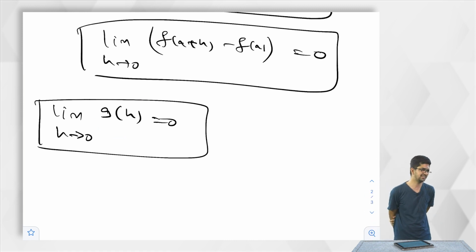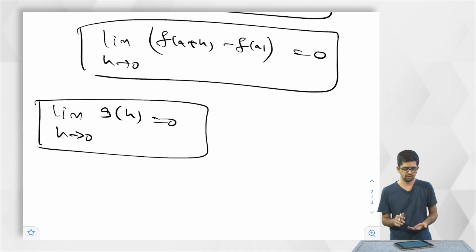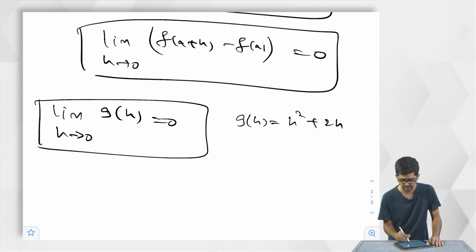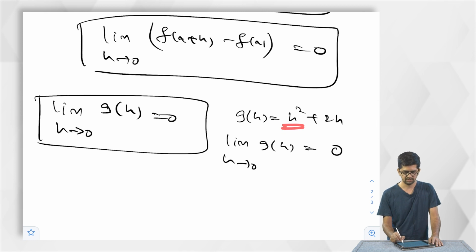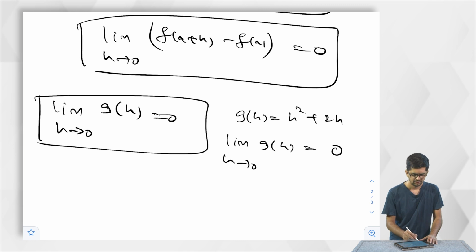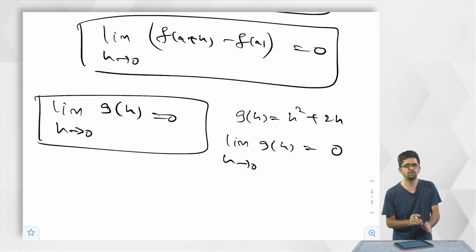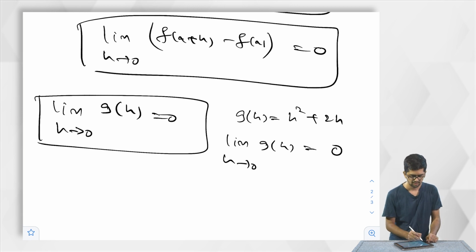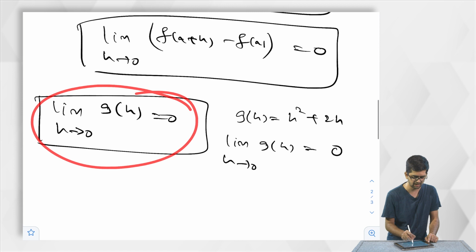One obvious collection of examples is polynomials with no constant term. For example, let us take g of h equal to h squared plus 2h. What is the limit as h goes to 0 of g of h? h squared goes to 0, 2h goes to 0, so the sum is 0. So polynomials with no constant term are examples of functions satisfying this property.